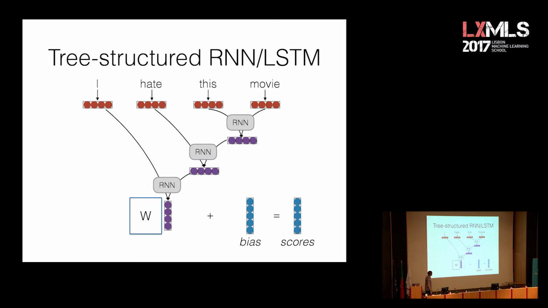So why would we want to do this? One example of why following this structure might be useful is, for example, if we have something like not. Not modifies a phrase. If you have the best movie that I've ever seen, that's a single phrase. That's a very, very positive phrase. But then you have something like not the best movie I've ever seen. So suddenly that very positive phrase becomes something much less positive.